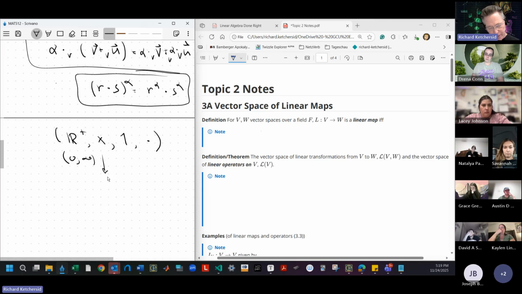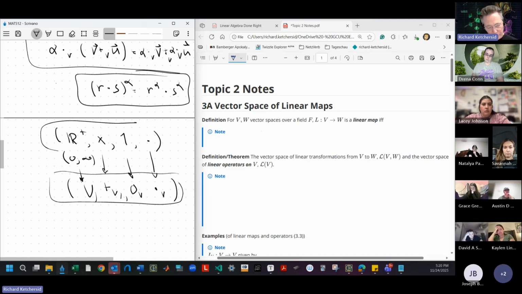So just translating, this turns into the plus of v, this turns into the 0 of v, this turns into the scalar multiplication of v. So whatever axioms we have for this, we need to show hold for that structure right there.